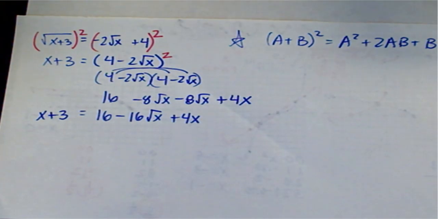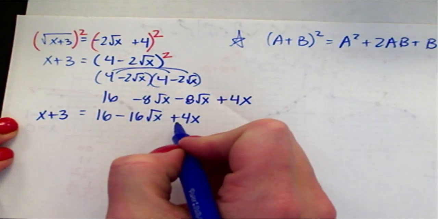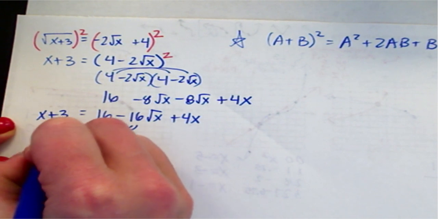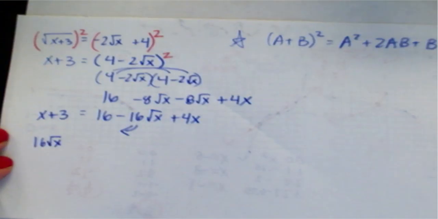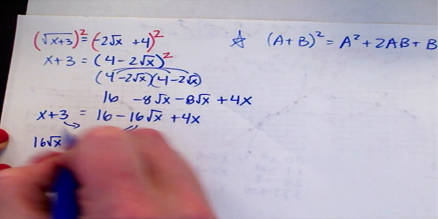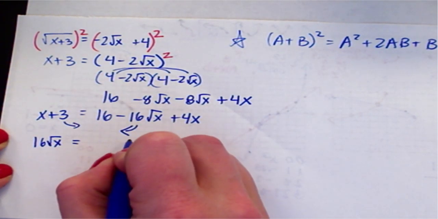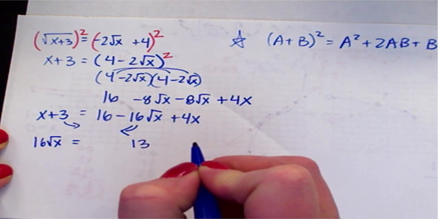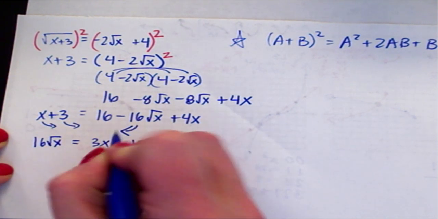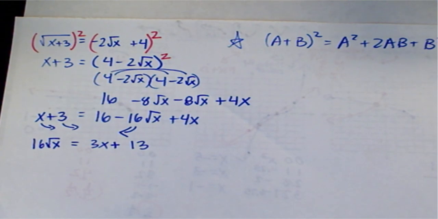So, yes, let's square it again, but before I square, I see some like terms that I should combine. So I'm going to move this over because I prefer positives in front if I can do that. And I'm going to subtract the 3. 3x plus 2. So that's a 13. And I'm going to subtract. I just combined my like terms with a positive in front.